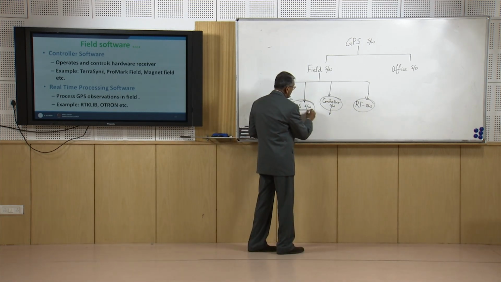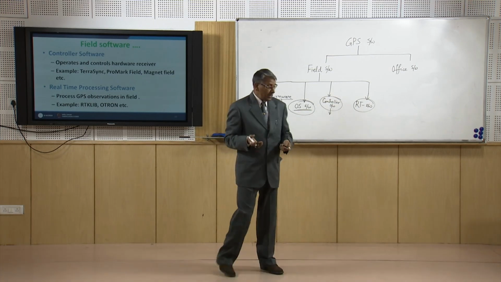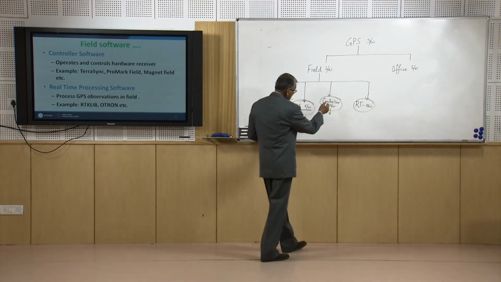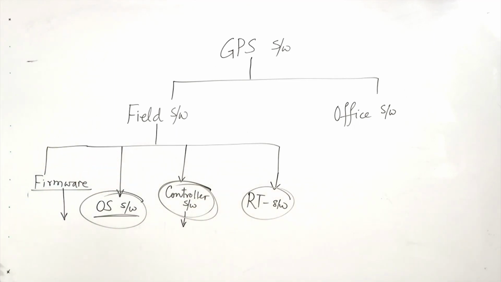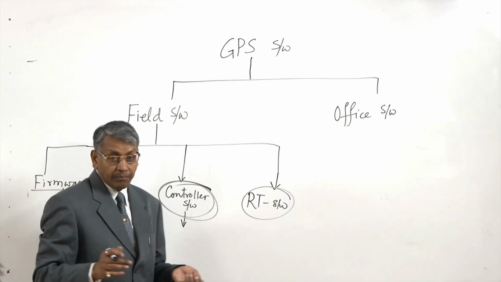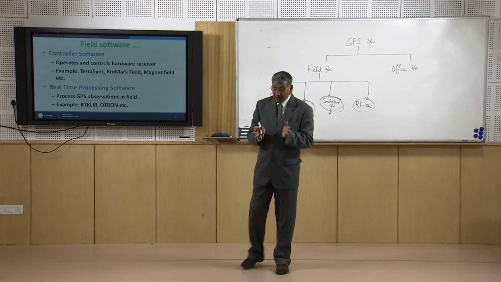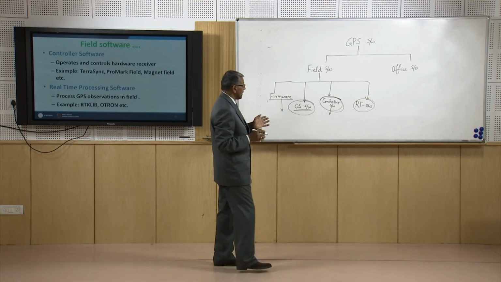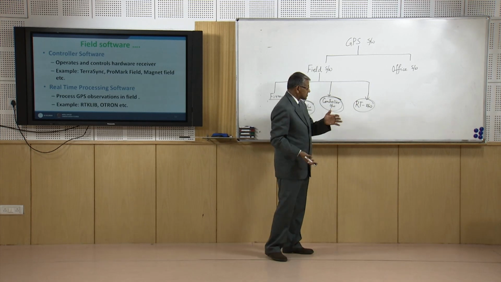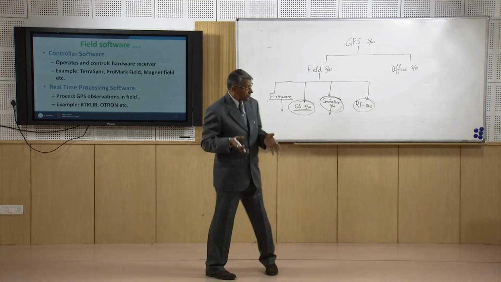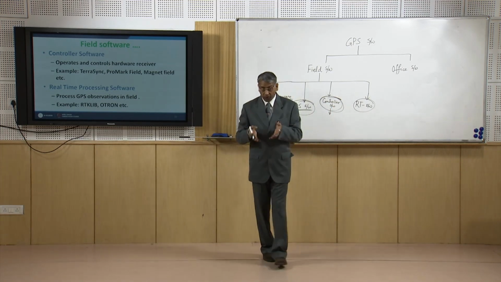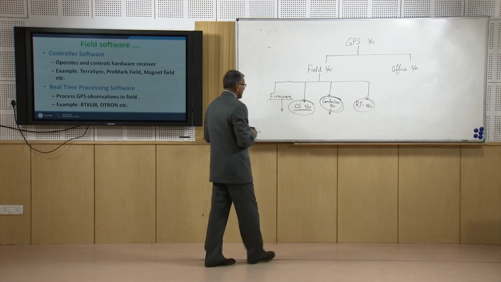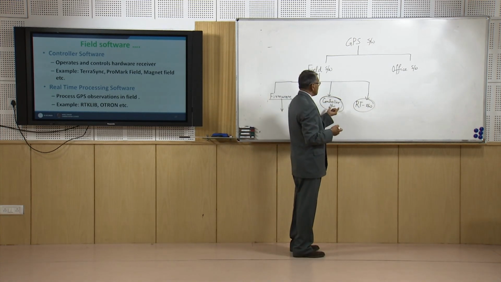What we generally do within different user software is one thing, but controller software is used for particular functions associated with GPS data collection, like if we want to give the cutoff angle, or the height of the instrument. It is domain specific information, so controller software works for domain specific tasks during GPS field data collection.